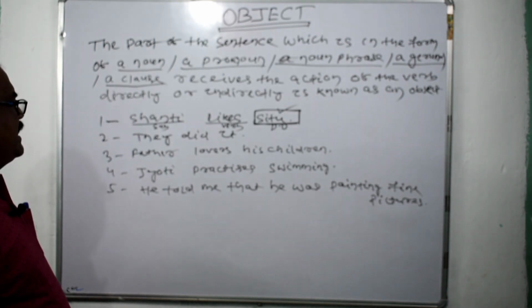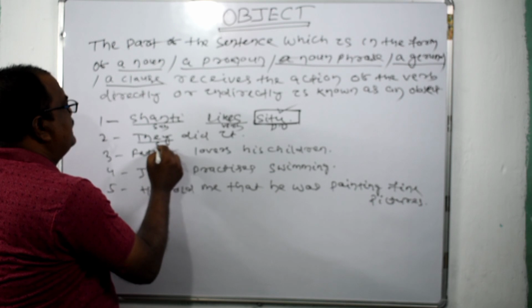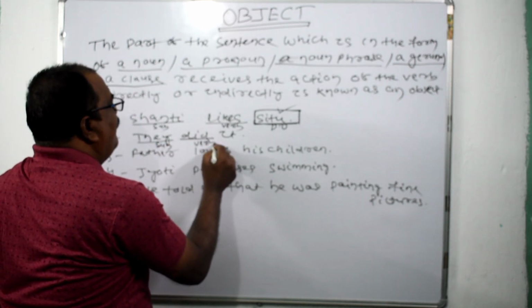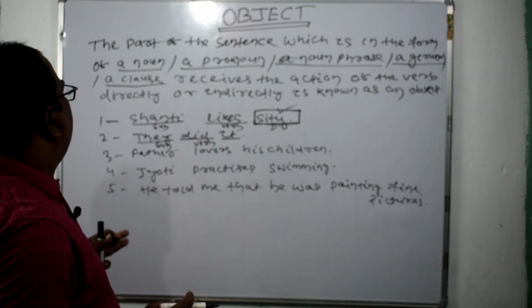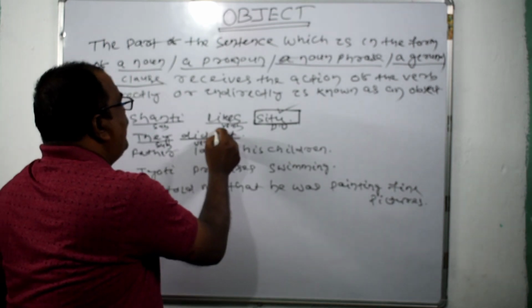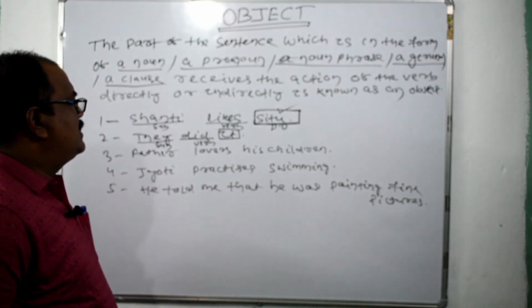Come to the second example. They did it. They is the subject. Did is the verb. And if we ask a question to the verb, what did they do? Automatically this part of the sentence answers the question what.